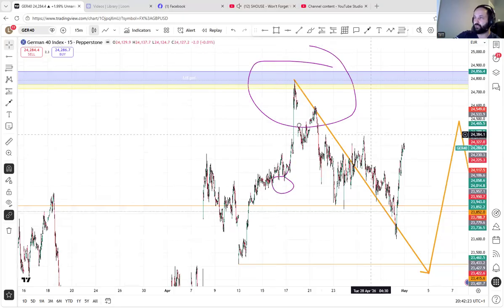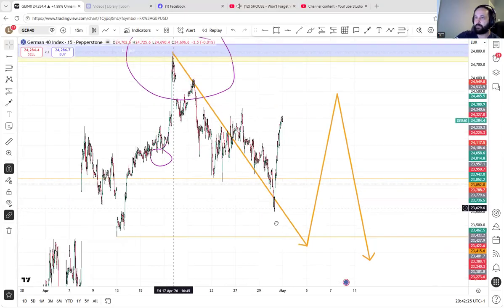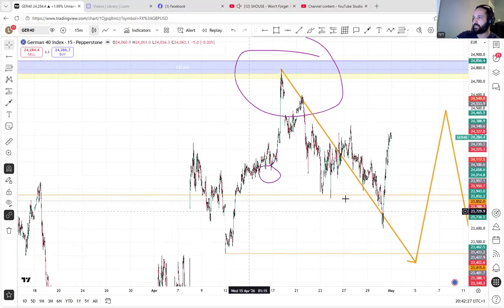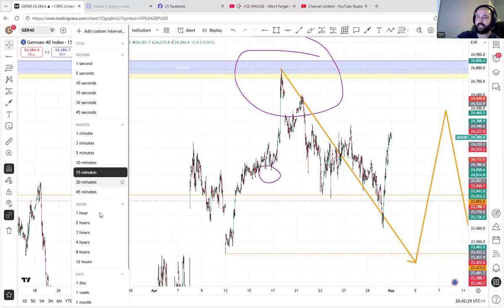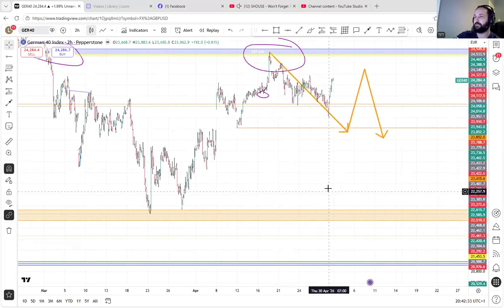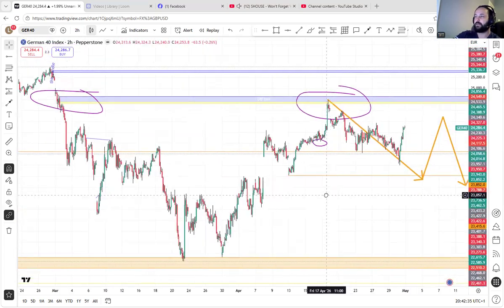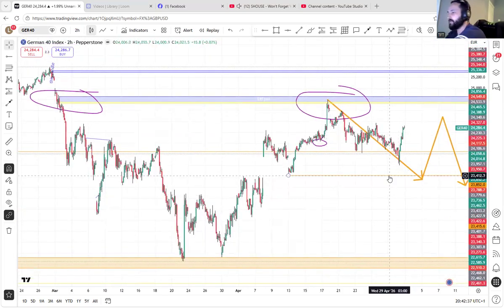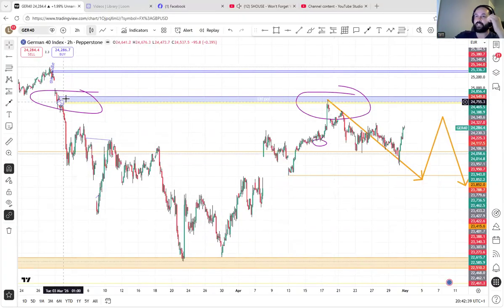Now, if we go back to structure, at the minute ignore this one I've drawn here. I'm just going to change time frame so you can see more candles. What I think structure is leading up to the point of interest: we've got bearish structure going on here. I'll draw that.